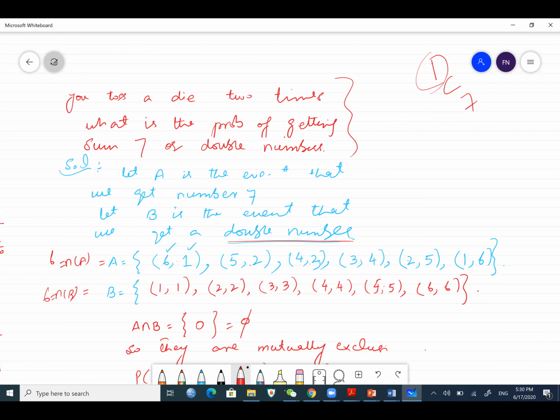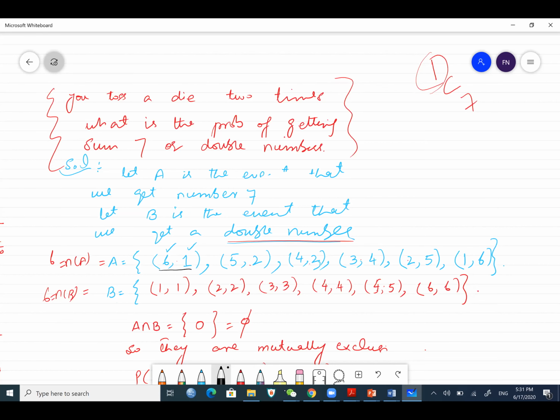It is asking you that you have a pair of dice. You roll them, and what are the chances of getting a sum equal to 7? Because you are rolling 2 dice, you can get some number on the first die and some number on the second, and that sum would be 7. If you get 6 on the first and there must be 1 on the second, then the sum would be 7. This is the first possibility.